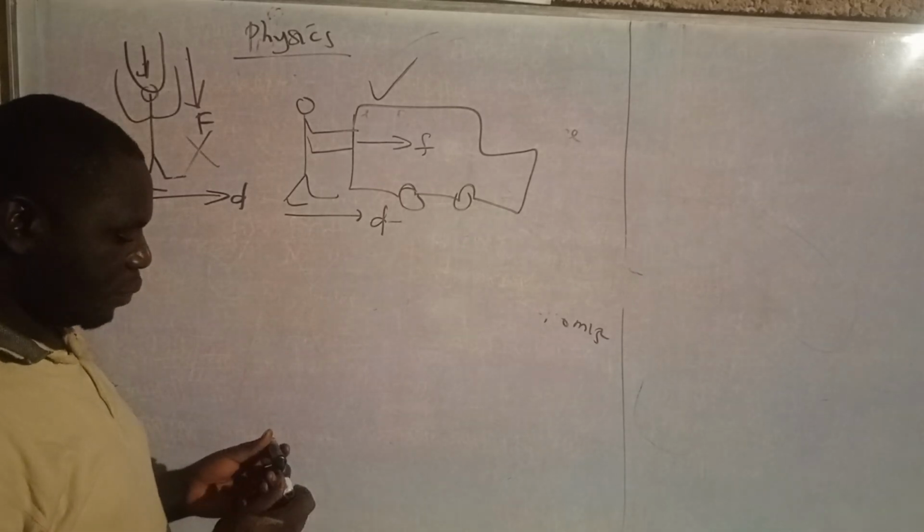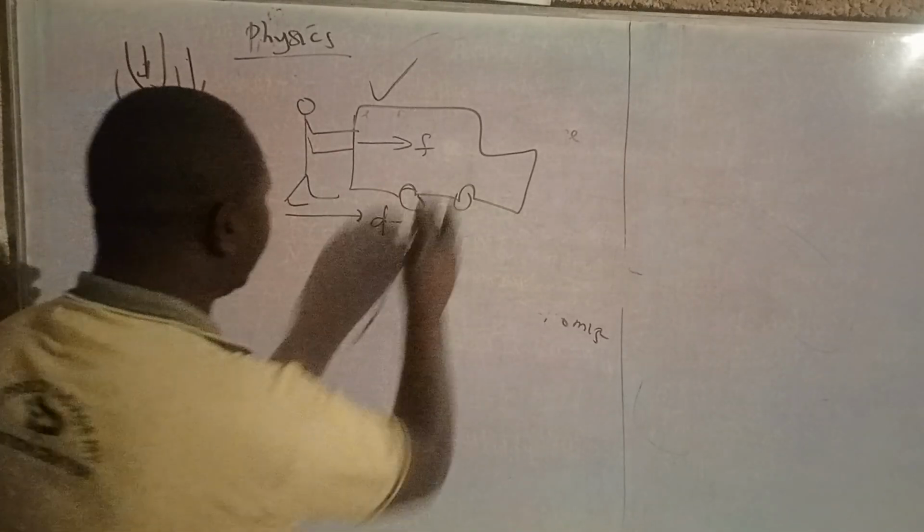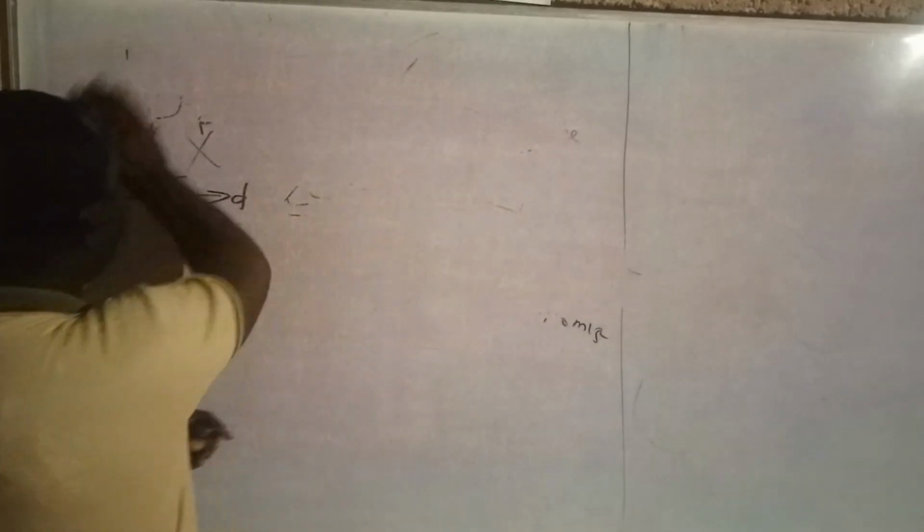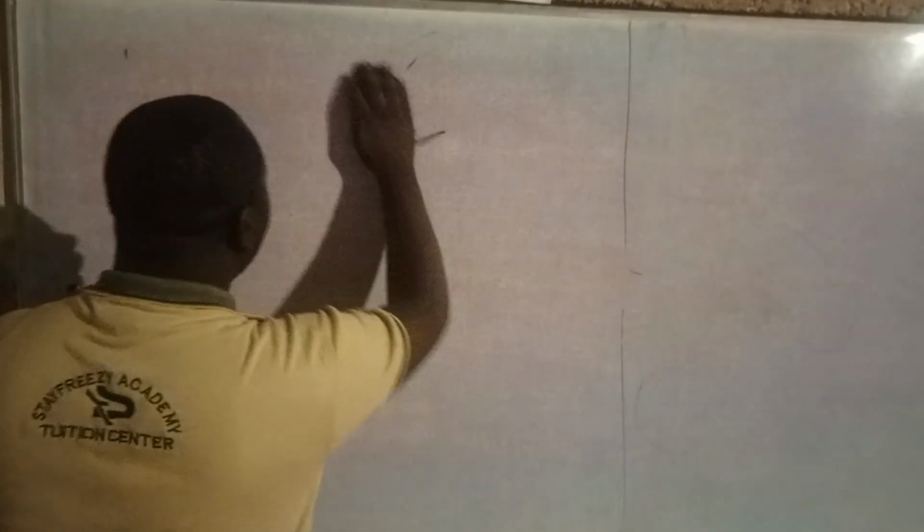From the explanation and examples that I've given, including the formula, we can now calculate some questions on work. Apart from that, under the same topic of work, we need to know the formulas for linear motion.